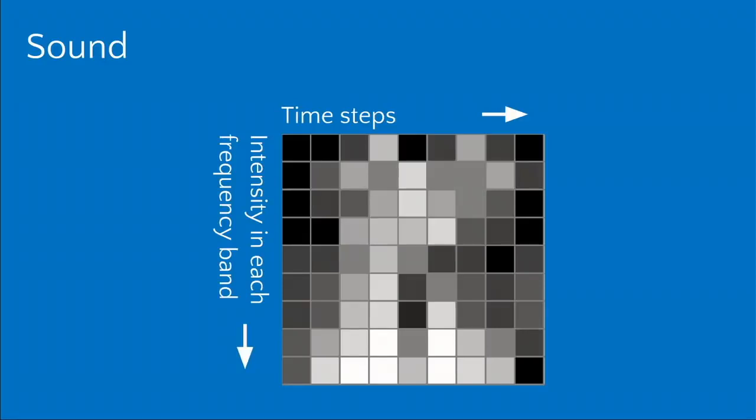And you can make your rows the intensity in different frequency bands, going from low frequency to high frequency. Again, the order matters there. And so being able to take sound and make it look like an image, you can apply this processing to it and find patterns in the sound that you wouldn't be able to find conveniently any other way.